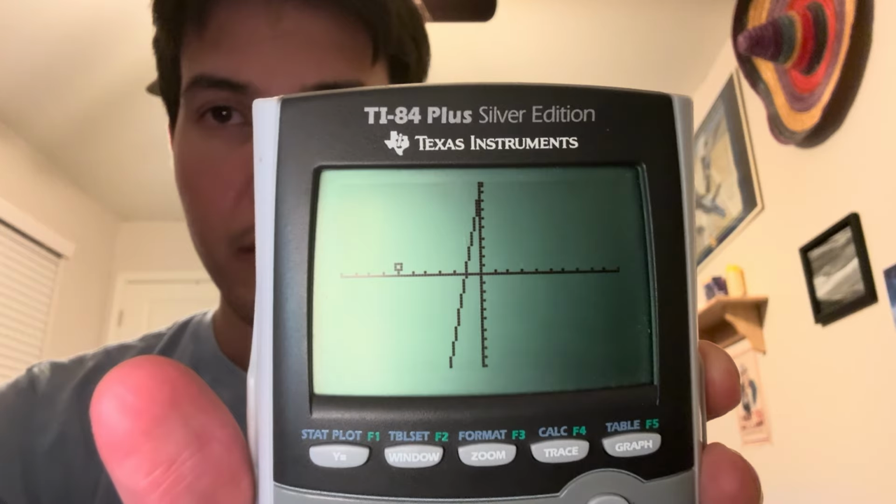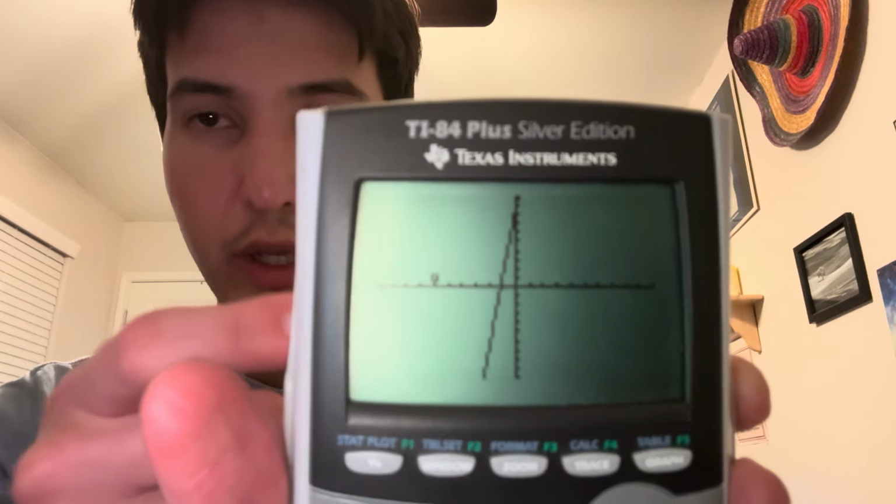Let's take 8x plus 9. This would be able to help. So this would be the triangulating method.